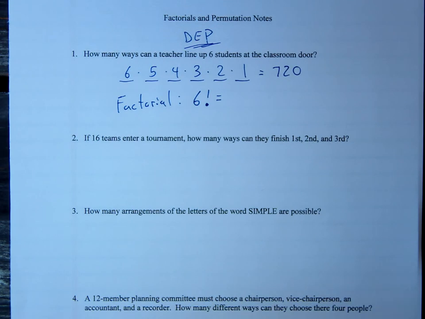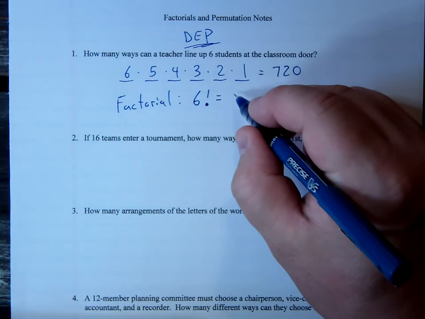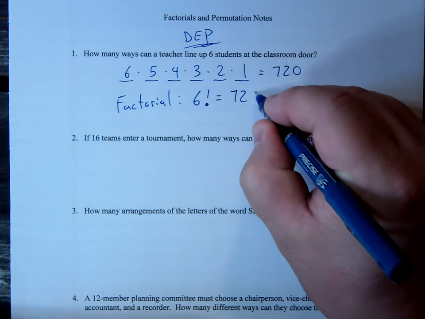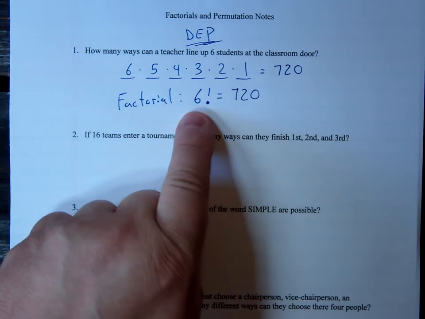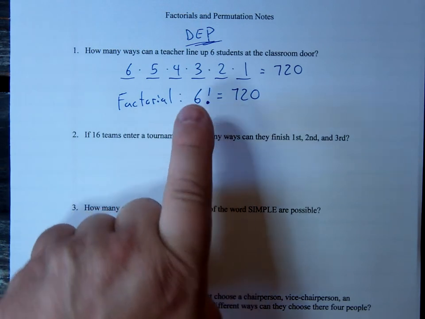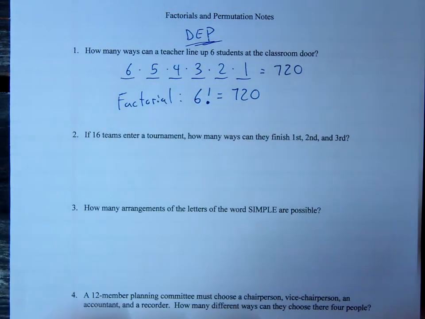So you can type 6 on your keyboard, or go back to your main screen and choose 6, factorial, which is the exclamation point, and you'll see 720. It does that 6 times 5, and so on.